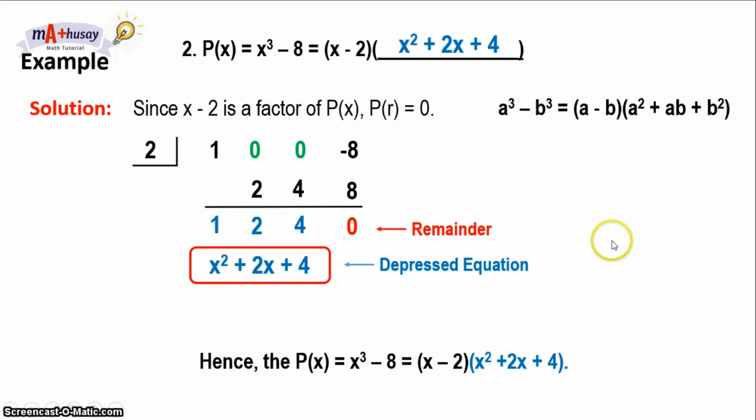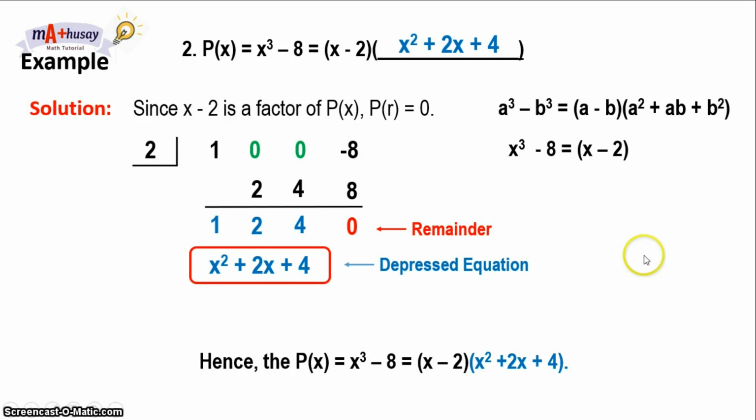Actually, without applying the factor theorem and synthetic division, you can factor x cubed minus 8 following this factoring rule: a cubed minus b cubed is equal to a minus b times the quantity a squared plus ab plus b squared. In this case, one of the factors is already given.